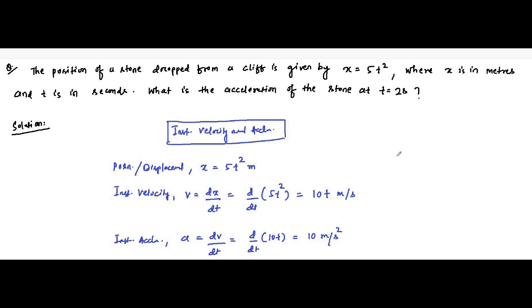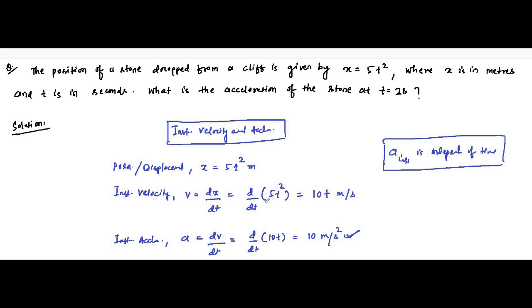So here if you see, instantaneous acceleration is independent of time. There is no such thing as t in this expression of instantaneous acceleration. So no matter what the time is, the instantaneous acceleration is always 10 meters per second square.